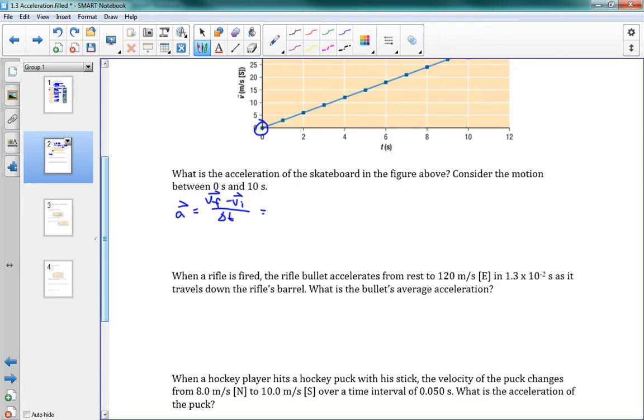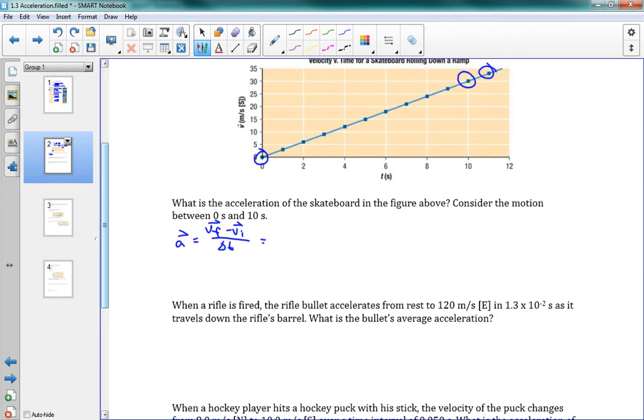Now we can plug in some values. Our final velocity here is 30. Our initial was 0. The change in time is going to be 10 seconds. That gives us 3.0 meters per second squared in the south direction. I say south because our graph tells us south. And there we go, that's my answer. That's my average acceleration.